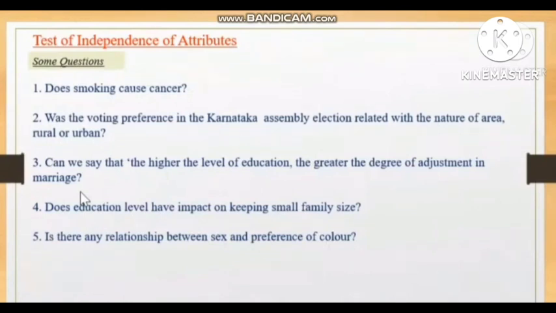Or are these two independent? Does education level have impact on keeping a small family size? Is there any association between educational level and family size, or are they independent? So such type of questions we can answer by test of independence of attributes.